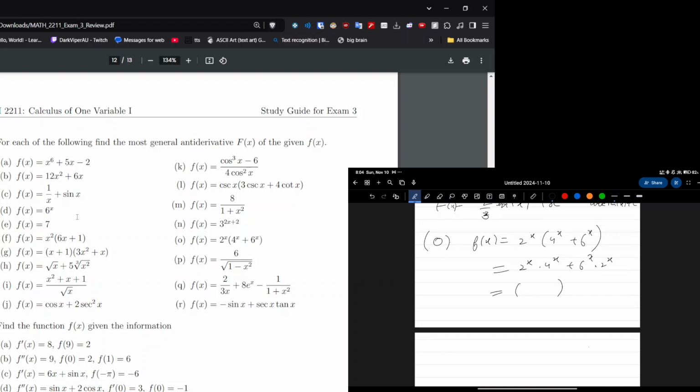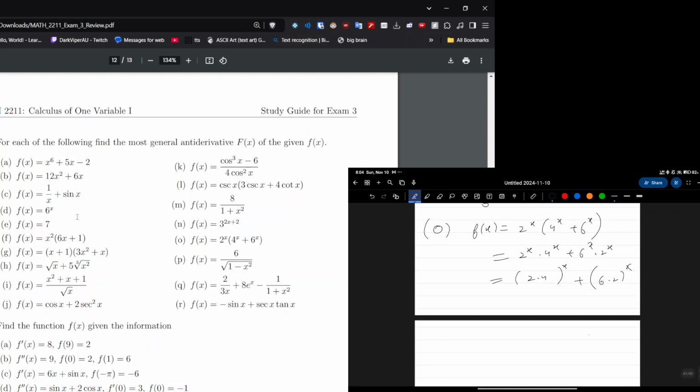We can take the powers common: 2 times 4 to the power x plus 6 times 2 to the power x. This would become 8 to the power x plus 12 to the power x.